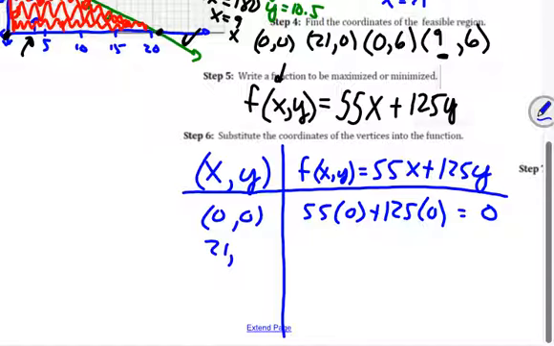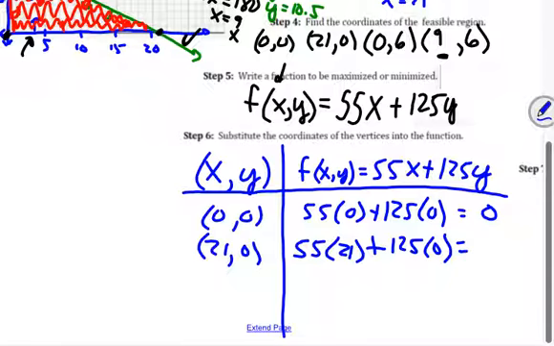What is another one? 21 comma 0. So 55 times 21 plus 125 times 0. That is equal to $750. That's just office visits, no surgeries. 0, 6. Let's do that one next.